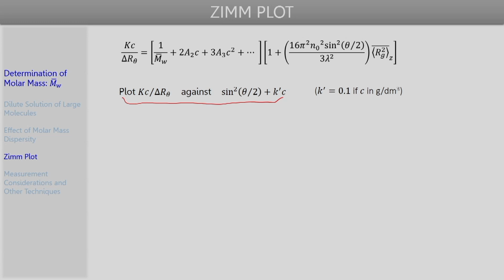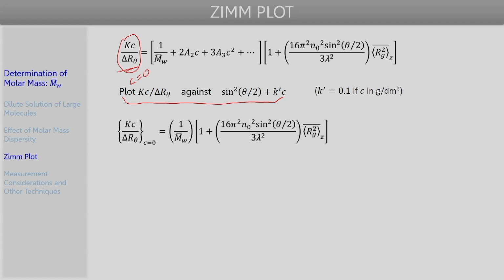Next, if we consider this term Kc over delta R theta in the limit when c is equal to 0, it simply becomes the product of these two terms. So when c is equal to 0, all these terms become 0, so we just have 1 over Mw bar here, and in the second term there is no c, so it will remain as it is. So we get a product on the right hand side like this.